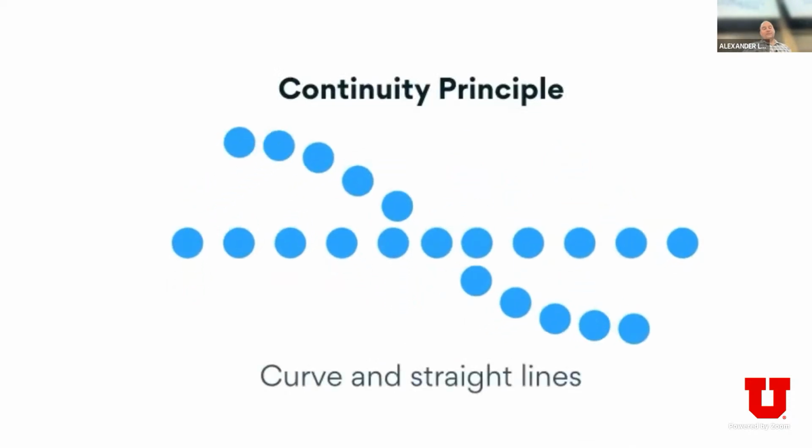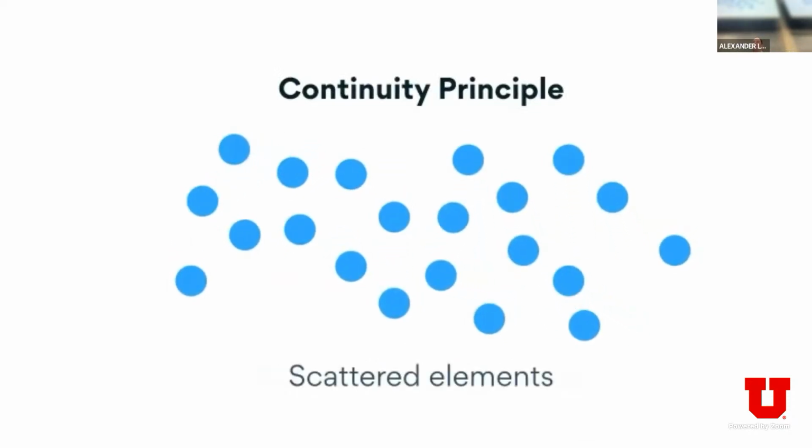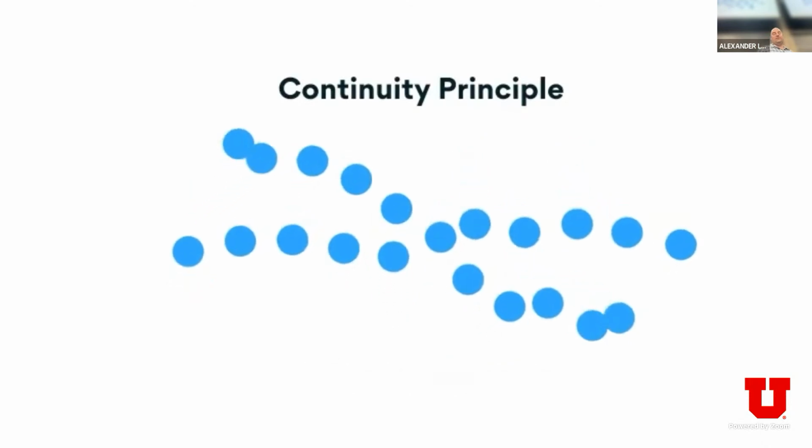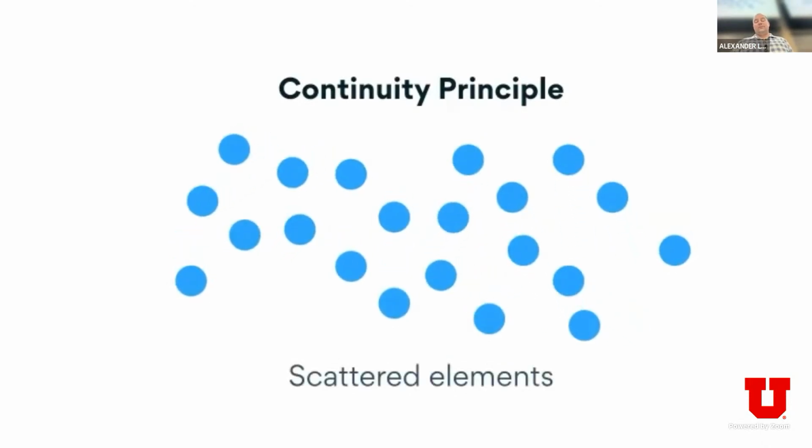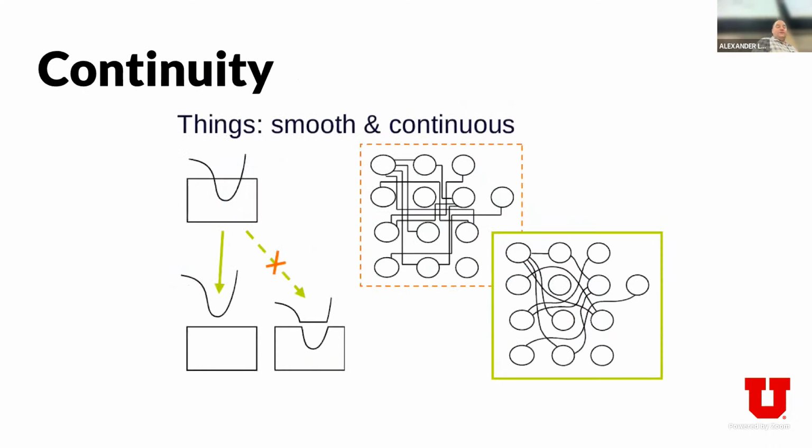And so we can use this continuity principle to make patterns emerge, right? Here we have scattered elements, and then we have continuing elements where we have 2 different curves. We do assume that things are smooth and continuous. So, for example, if we have this setup here, we assume that the 2 shapes that compose this are that, and they're not that.